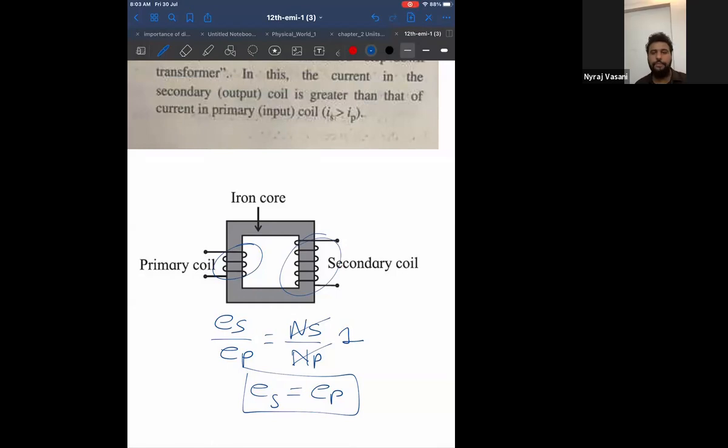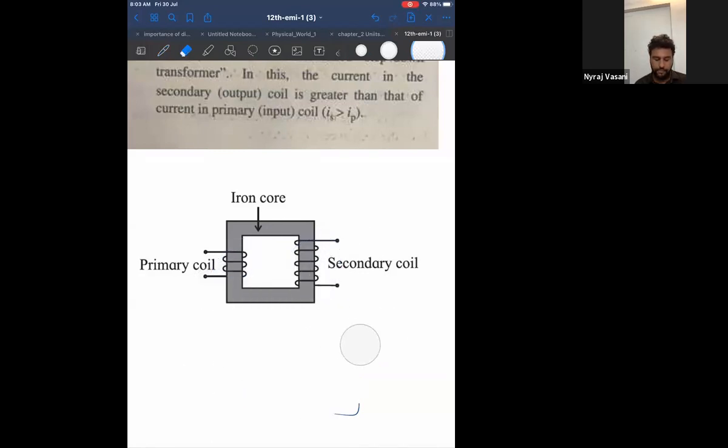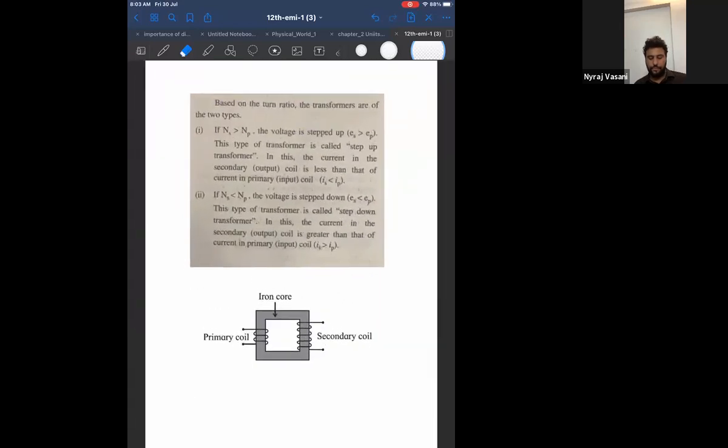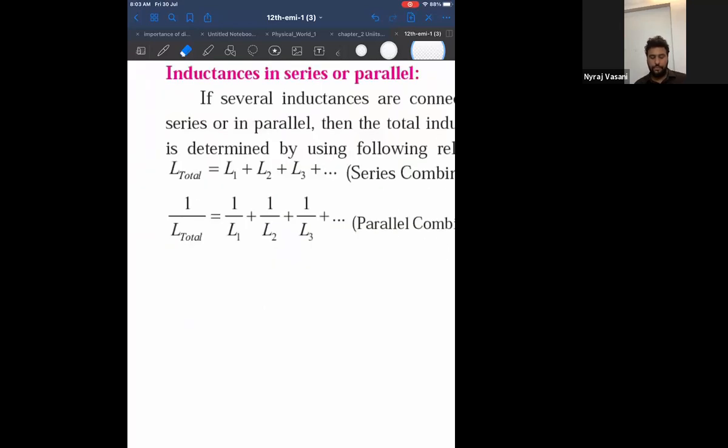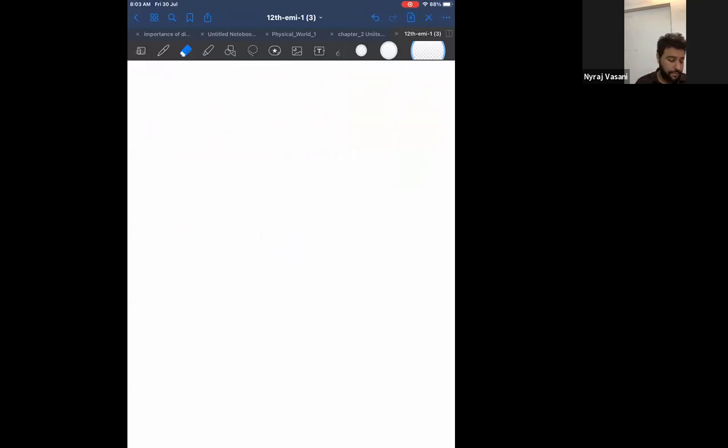Okay. Now, from your module, come to page number 20 in your module. In the EMI module, come to page number 20. That is your module 8.